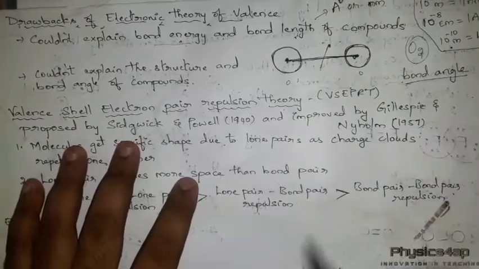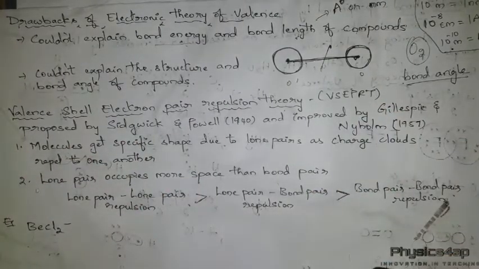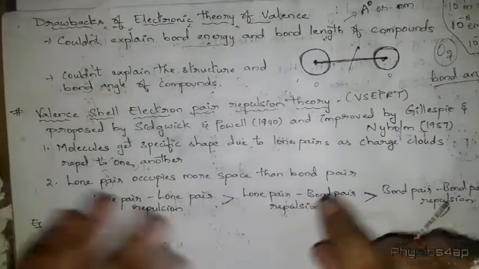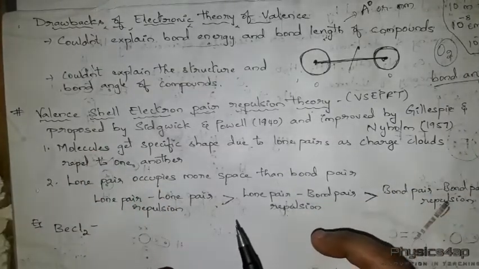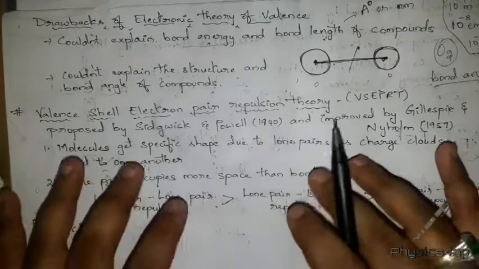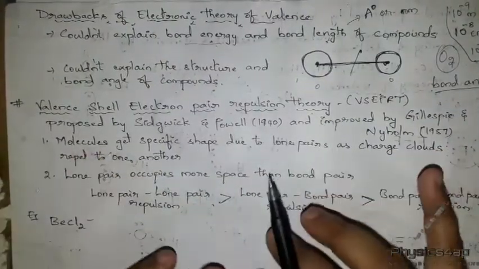From 1957, this theory came into use to explain how the structures are formed, the bond angle, the bond length and the bond energy.